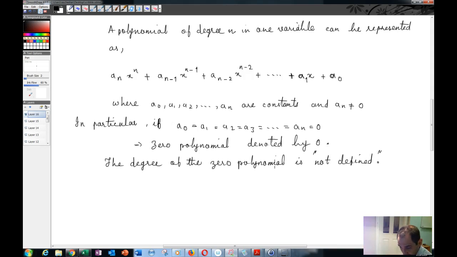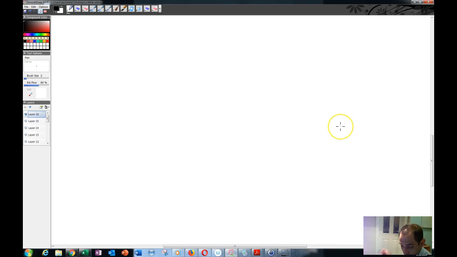Now, there is one important thing here about the zeros or roots of a polynomial, and of course I have talked about this in the previous videos as well. But there is one thing that we need to be able to distinguish between, and that is the difference between zeros and roots of a polynomial.